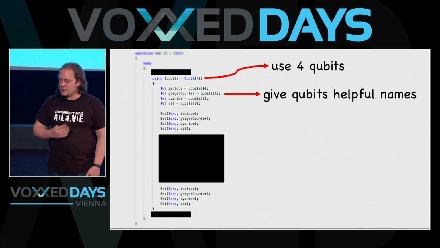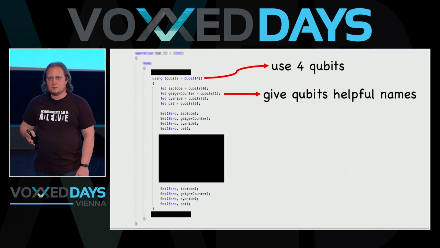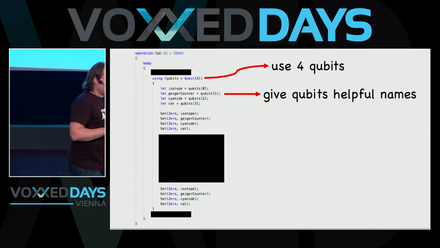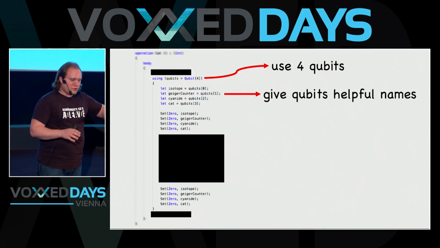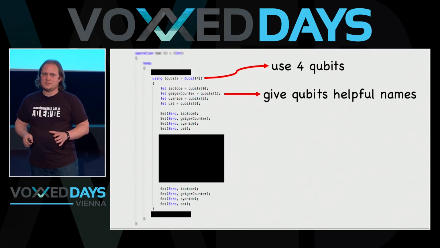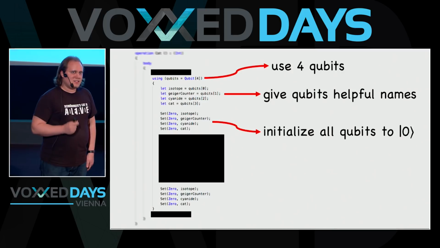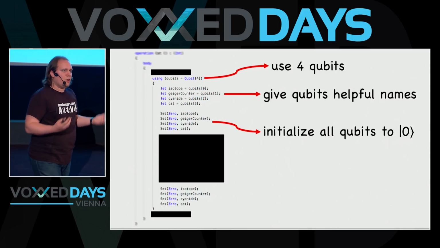These, as you see, are not noted as mutable, so those are immutable in the sense that the references are immutable. The qubits themselves are mutable. That's why we have to set them back to 0 at the beginning. We don't know what we got initially.